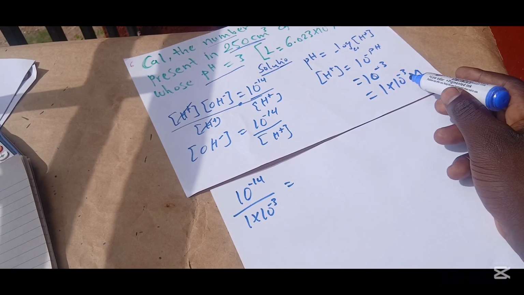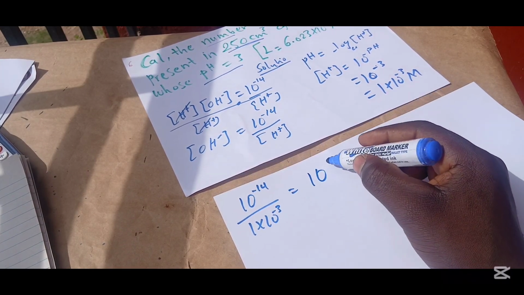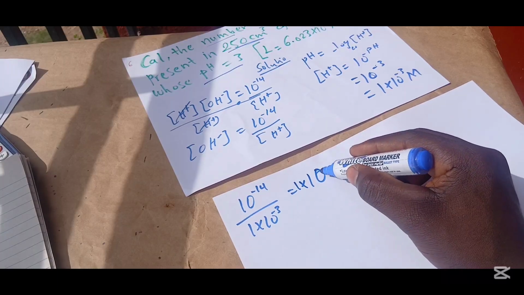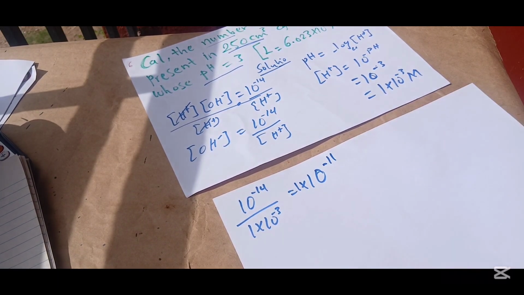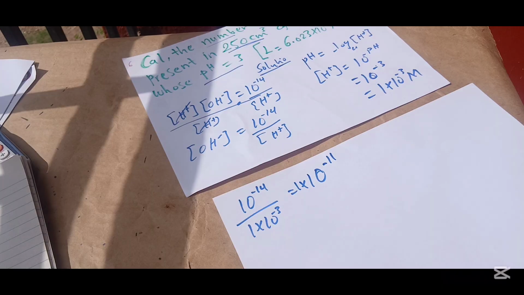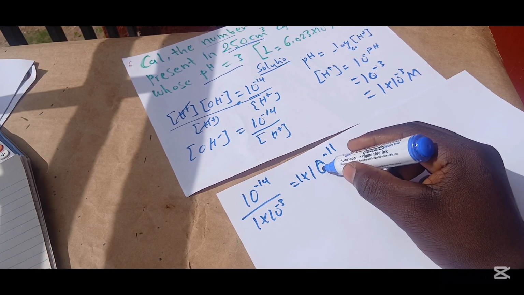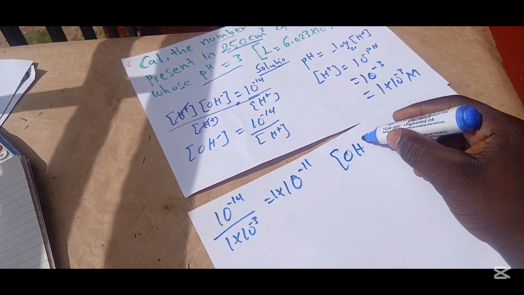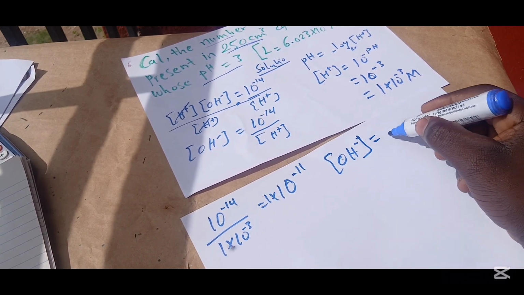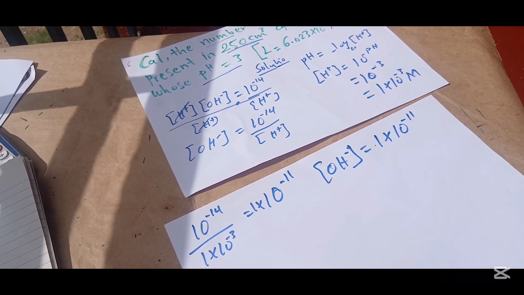Simplifying this on your calculator is going to give us 1 times 10 to the power negative 11. So now we know that this is our OH ion concentration. So our OH minus ion concentration equals 1 by 10 to the power negative 11.